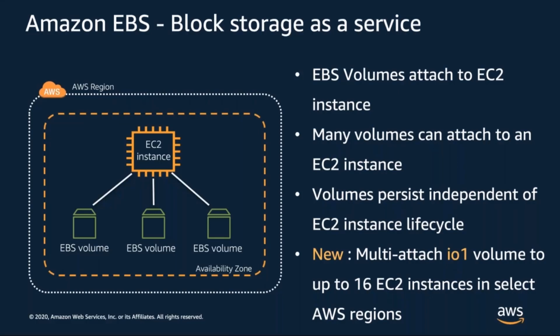And last year, we launched a new feature called multi-attach for provisioned IOPS IO1 volumes in select regions. With this feature, you can attach up to 16 EC2 instances to a volume. However, this requires that the applications manage IO fencing or concurrent write operations at the application level.